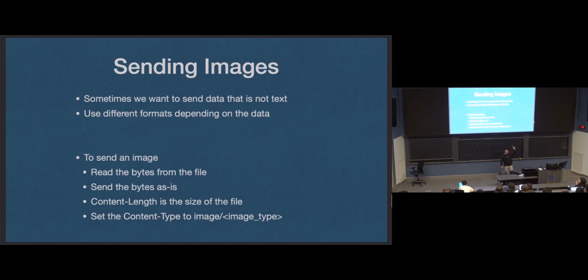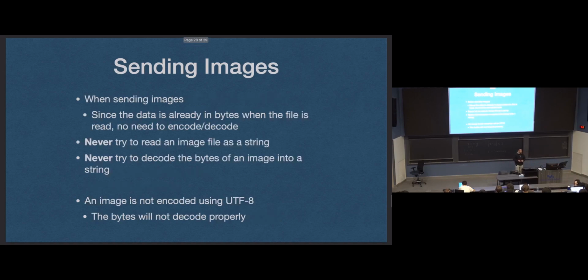Just get the length of the bytes after you read them, and slap those bytes at the end of your response as the body and ship it. You don't have to do any extra processing. You don't have to do anything. You don't care if it's a JPEG versus a PNG, what the actual encoding is, what those bytes actually mean. We don't care. We're just going to ship it. So don't overthink these images.